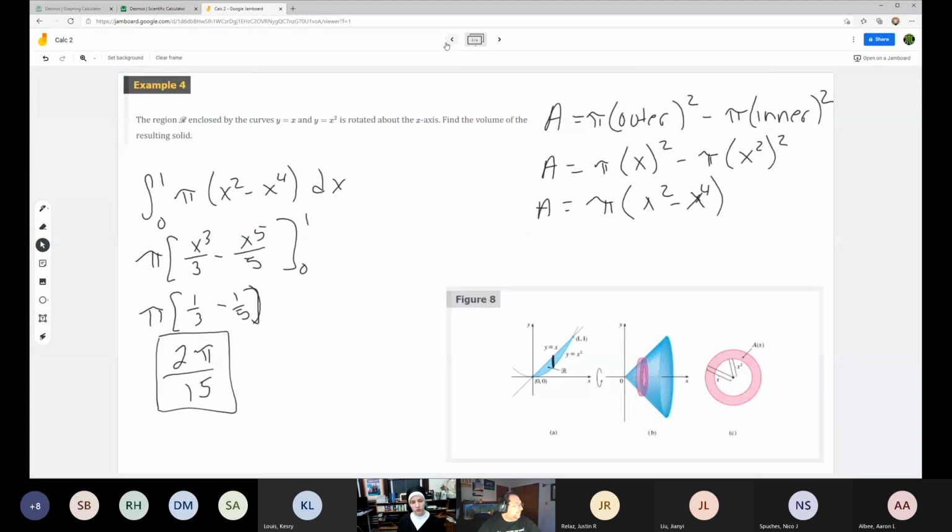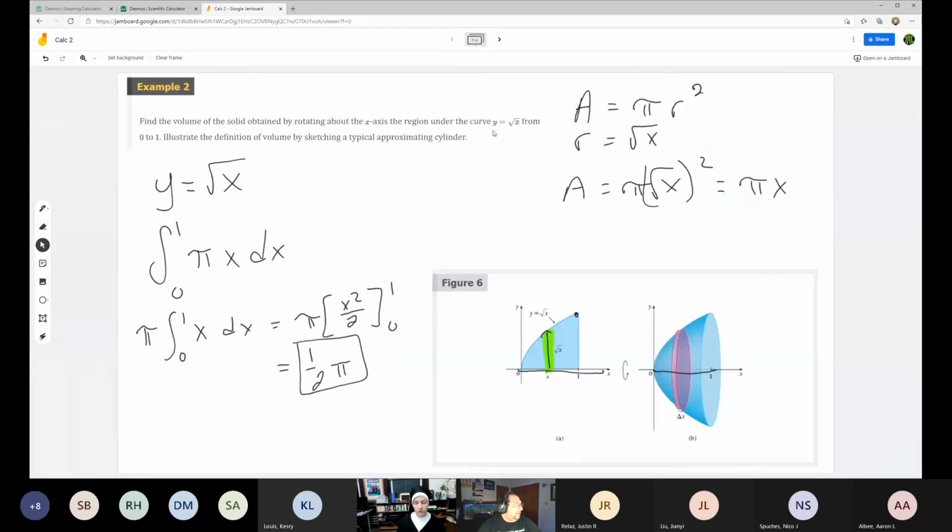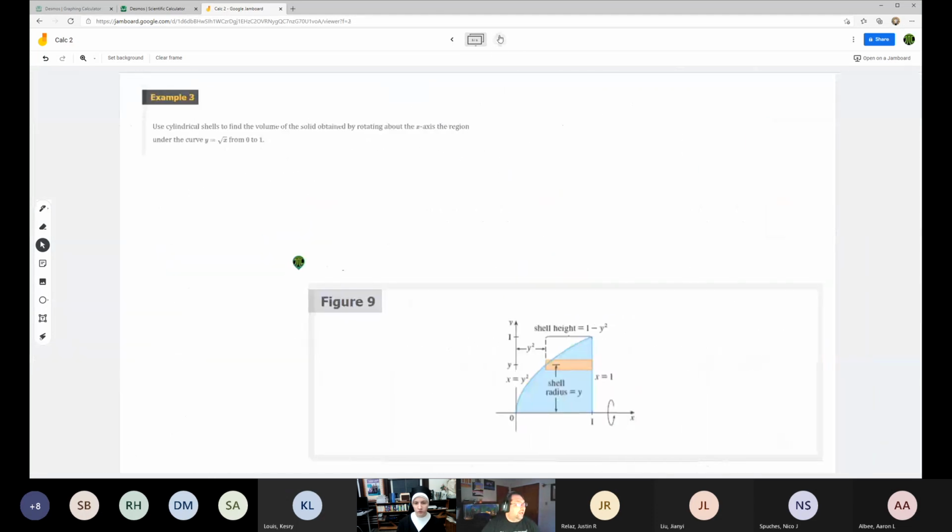One of the first problems we did was we looked at the curve y equals the square root of x, and we were rotating it around the x-axis. And we had to find our radius, and we did our formula based on that one. So this one we were doing with the disk method. We're going to do the exact same function now, but this time we're going to use the shell method.